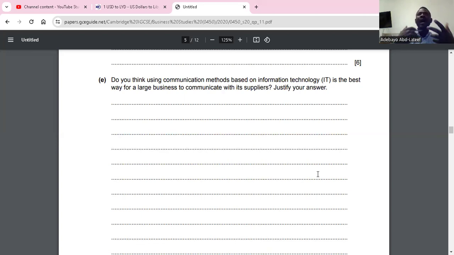Email is one of the IT methods of communication. It allows detailed information to be passed to suppliers. Whatever you need in terms of images or other information, an email will contain it, so you are able to pass detailed information to your suppliers.